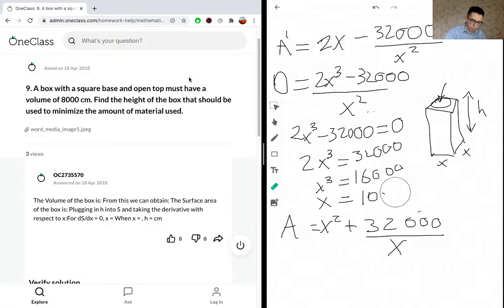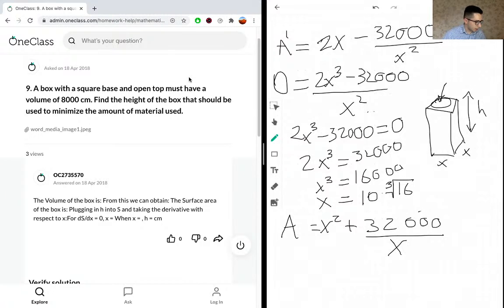We're looking at the cube root of 16, not the square root. So cube root of 16. You can't really simplify that any further.